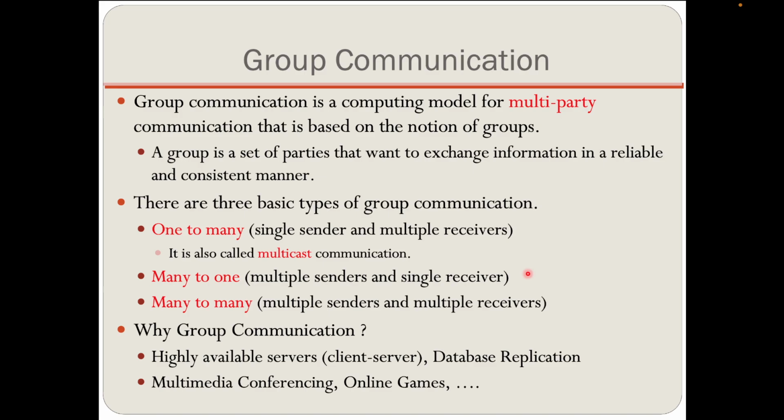So there are basically three types of group communication. The first is one-to-many, a single sender with multiple receivers. Sometimes we call this multicasting. The second is many-to-one. That means you may have multiple senders with only one receiver. It is not client-server.